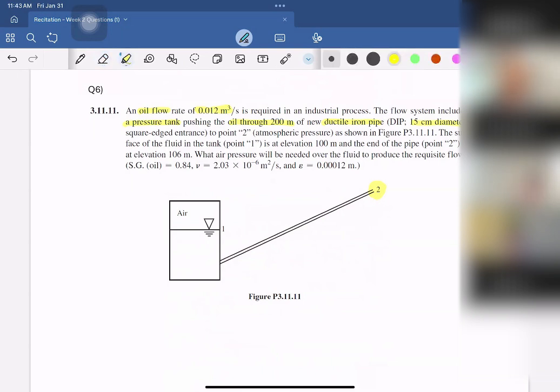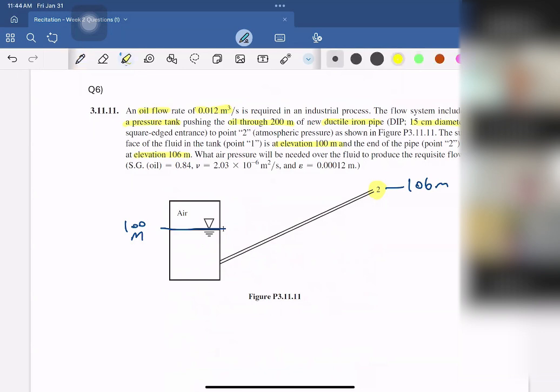And the surface of the fluid is at elevation 100 meters. The elevation here is 100 meters. And at the end of the pipe, the elevation is 106 meters, which is here.